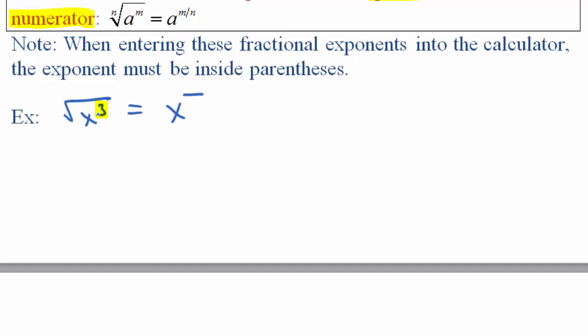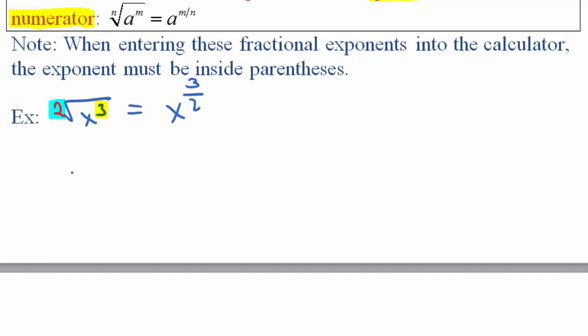And this is the power, 3, so it becomes the flower, which is the numerator. And the root, even though you don't see it here, when there's no root written, it's an assumption that it's a square root, which is really a 2. So in this case, the root is 2, and the root goes under the ground. So it's really x to the 3/2 power. This is a pretty straightforward process.